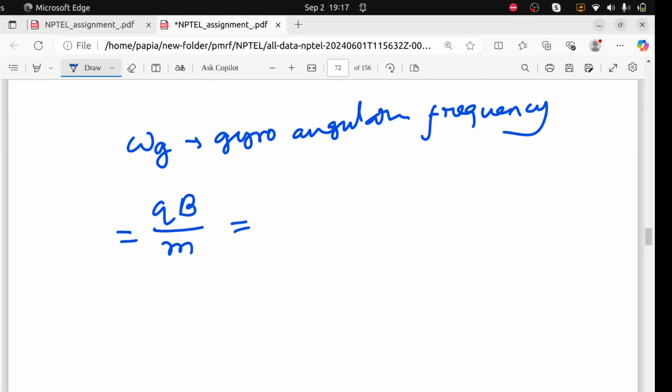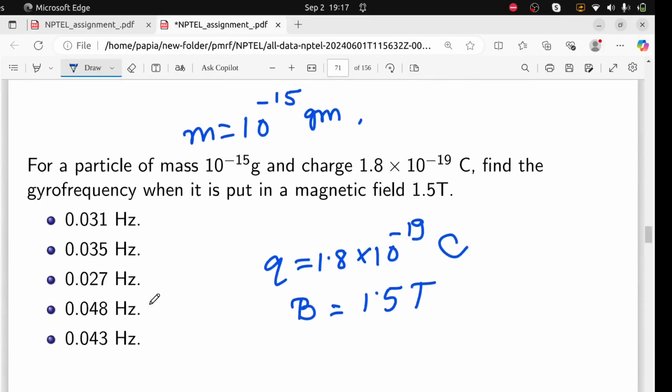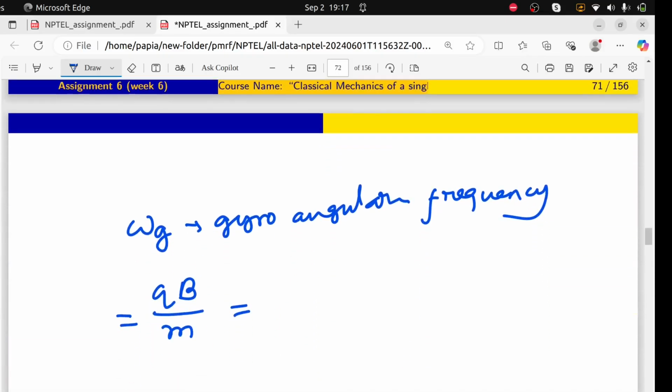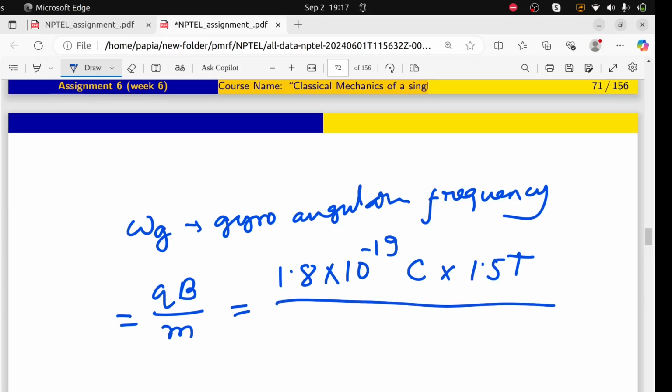So if I write here, q is given as 1.8 into 10 to the power minus 19 coulomb into B is given as 1.5 Tesla. Now m is given 10 to the power minus 15 grams. So obviously I have to write it as 10 to the power minus 3 kg.